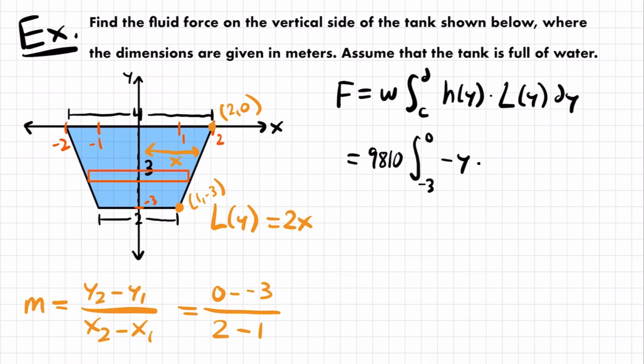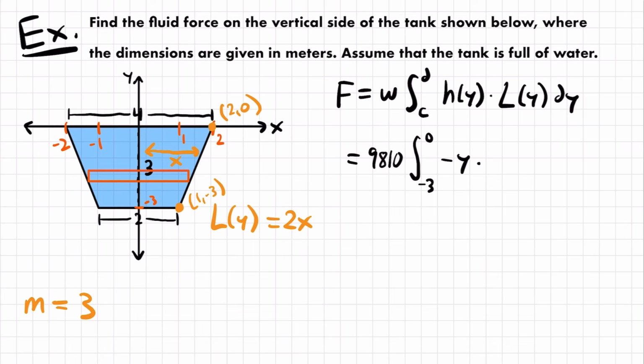So we have this y value minus this y value, 0 minus -3, and then this x value minus this x value in the denominator, 2 minus 1. If we simplify, this is equal to positive 3 divided by 1, which is equal to 3. So the slope between these 2 points is positive 3, and we can say that the slope m is equal to 3.